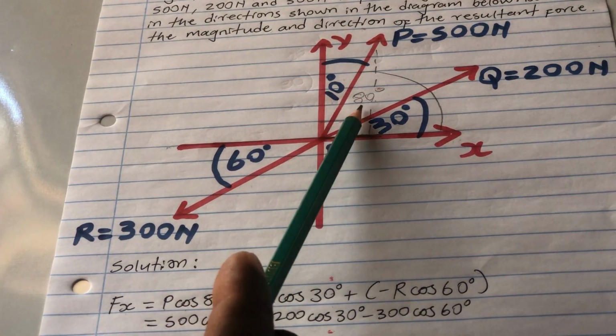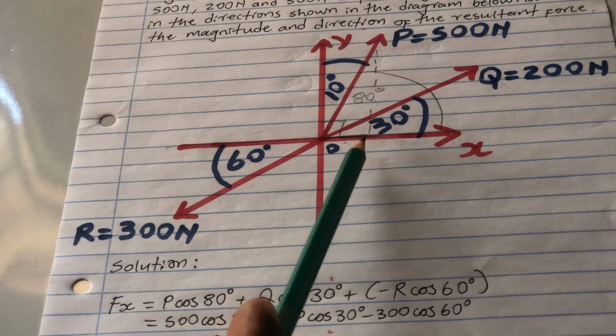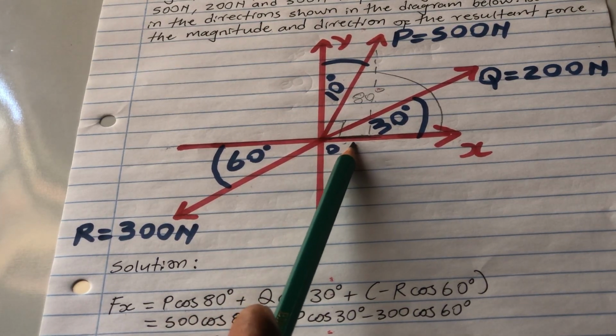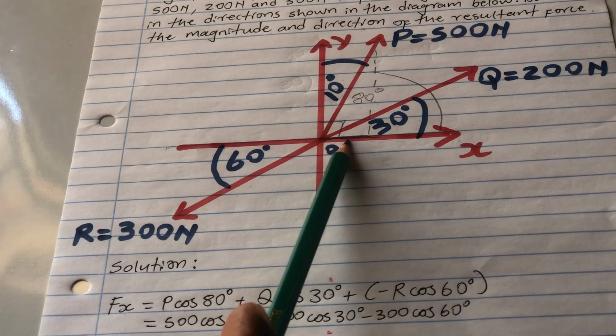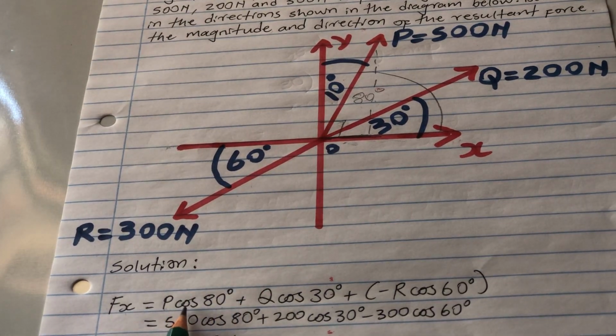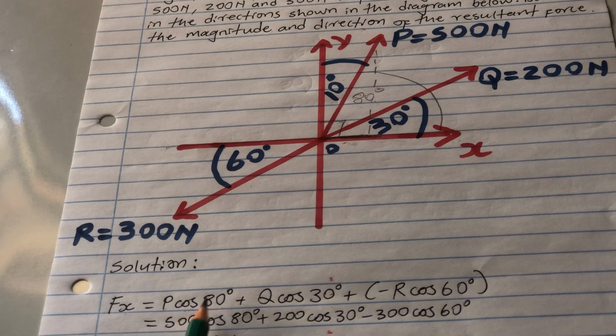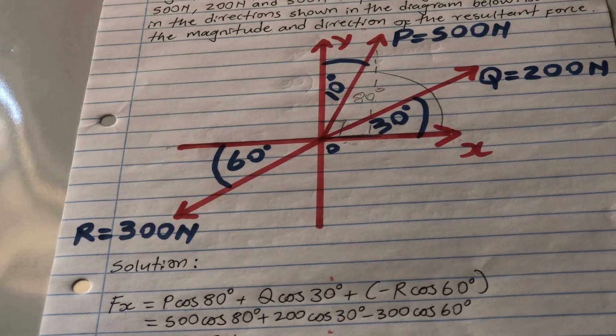We said it is 80, so it is p cos 80. This x component that we're looking for is adjacent to this angle. That's why it contains cos. It is p cos 80. We write plus. We are moving on to the next vector.